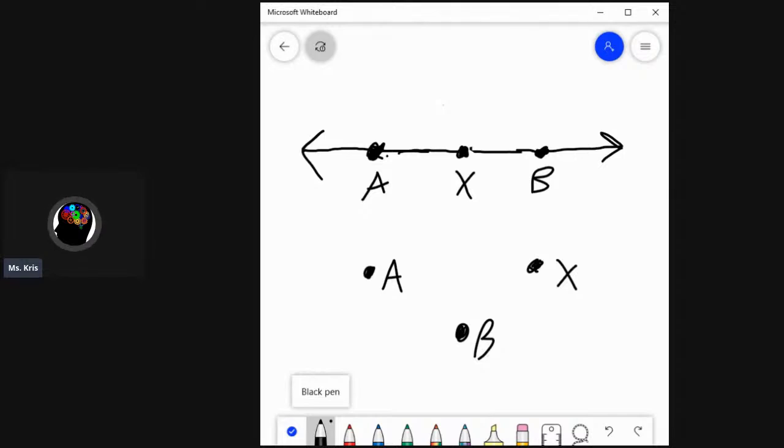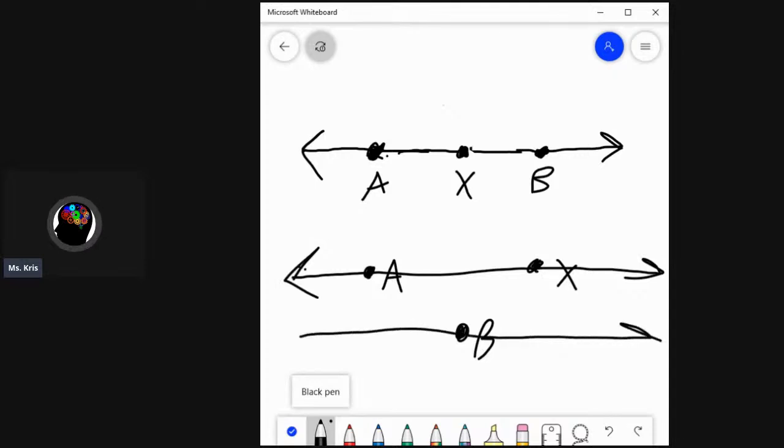So if I drew a line between A and X, and then drew a line between B, well, we have proven that, hey, they may be parallel lines, but they're not collinear. So whenever you want to determine whether it's collinear or not, you can draw a line through the points.